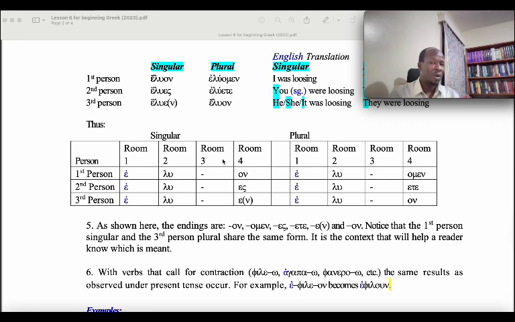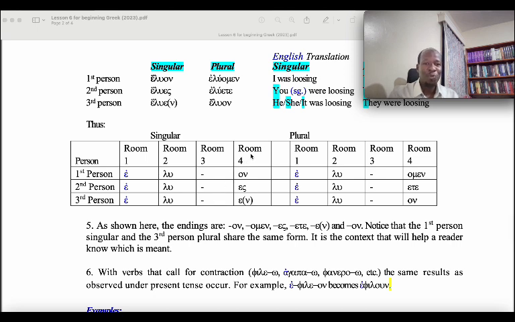And how about if this was just the present tense? There will be no sign of tense. That is exactly the thing that we've been saying about the imperfect tense. So similar to the present tense, the imperfect tense does not have the sign of tense.